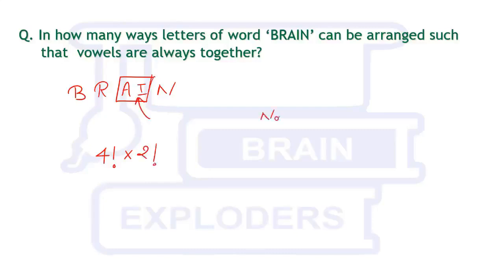One more thing should be noted here: we are not multiplying just by the number of elements inside the box, but we are multiplying by the number of possible permutations within the box.